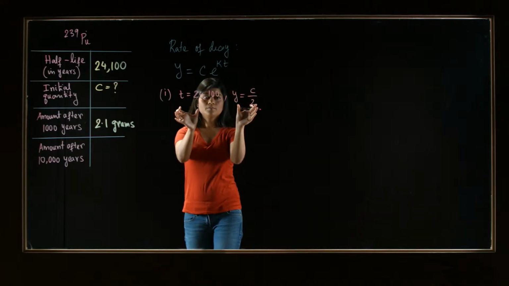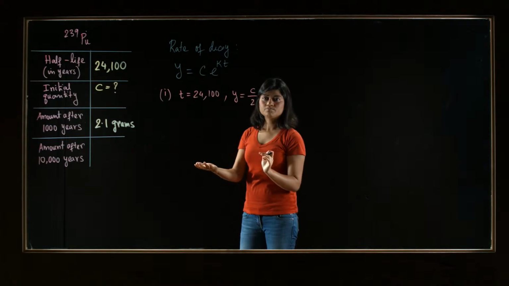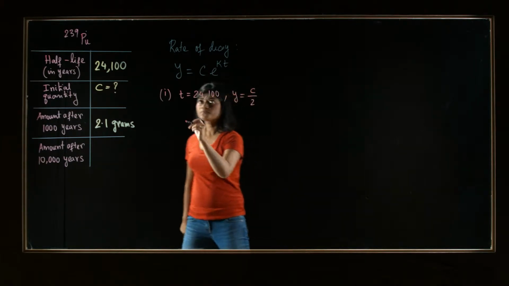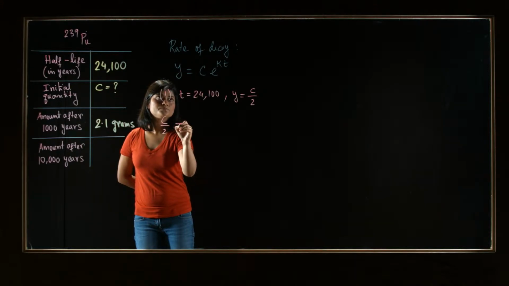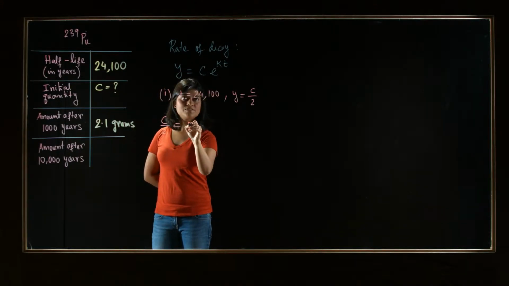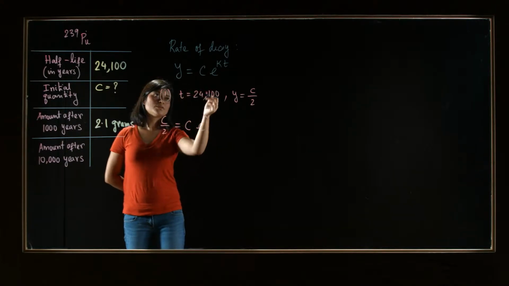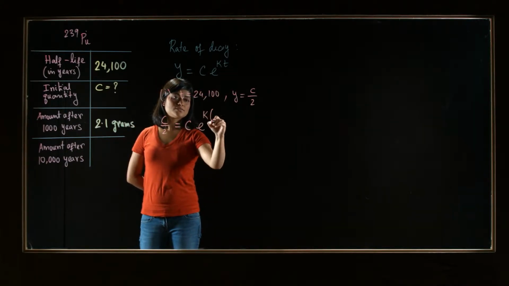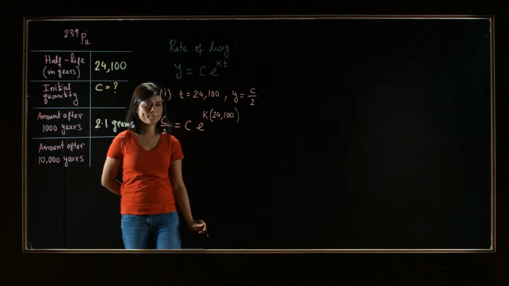We can plug these two values into the equation and solve. So y equals c over 2. On the right-hand side we have c, e to the power k, where k is unknown, times the time, 24,100.